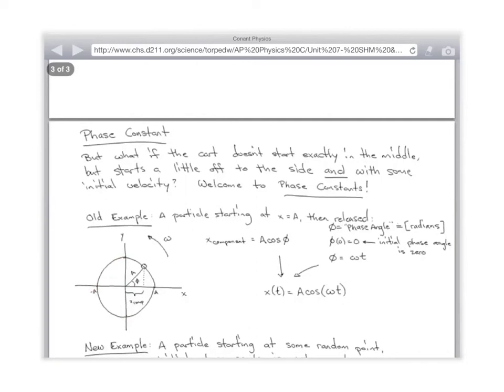Does that make sense? Did you see what just happened, Shiv? You're looking a little suspicious. Shivam, sorry. Yeah, you're looking suspicious. Do you understand? Okay, good. All right, so the x component of that going around the circle is a cosine theta.